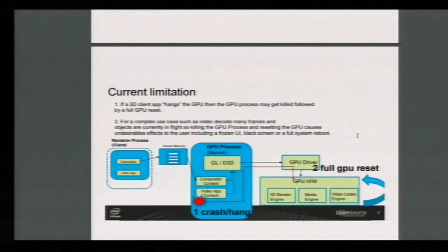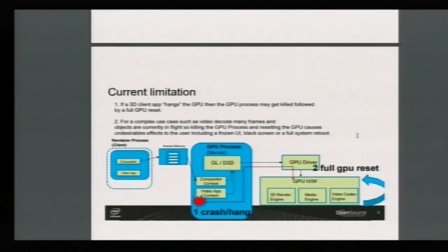Part of the solution was to realize that in this particular case, there isn't really a need to reset the entire GPU, but rather to reset just the media engine. In this case, it's a video use case, so more likely than not, it was just the media engine that was causing the hang.